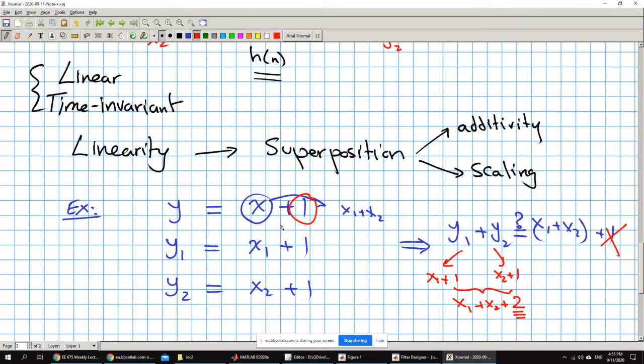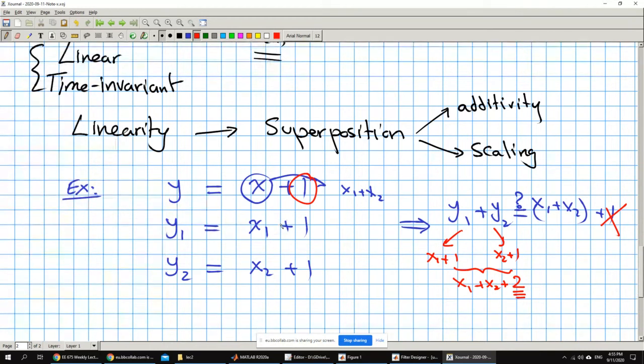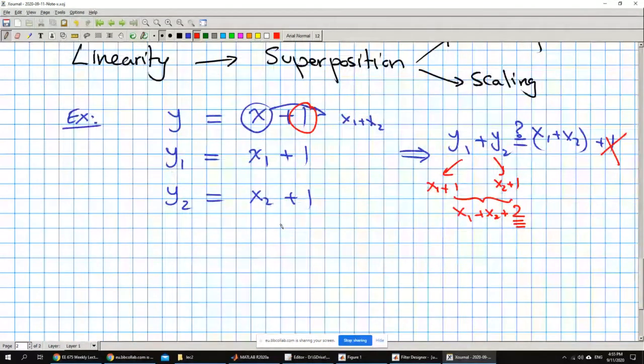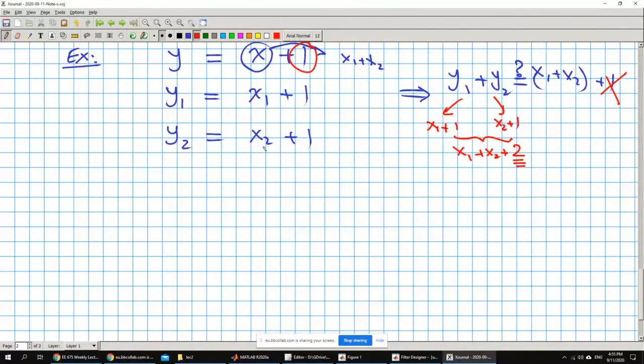It looks like a linear curve, but actually, from the point of view of systems, this is not a linear system. In order for you to have a linear system with a linear equation like this, you have to have a system that passes through zero. So if you draw it, it has to be like this.